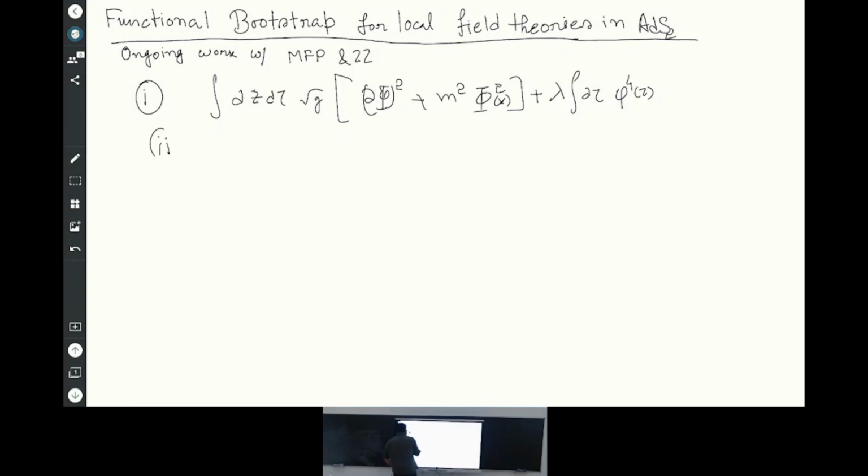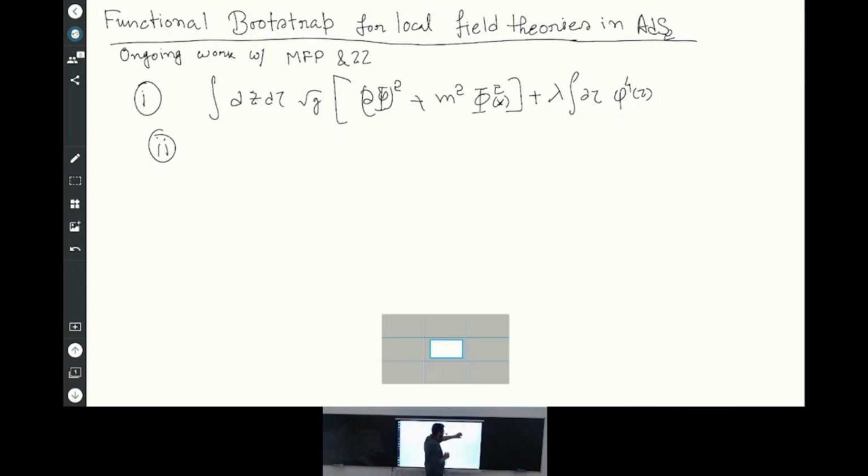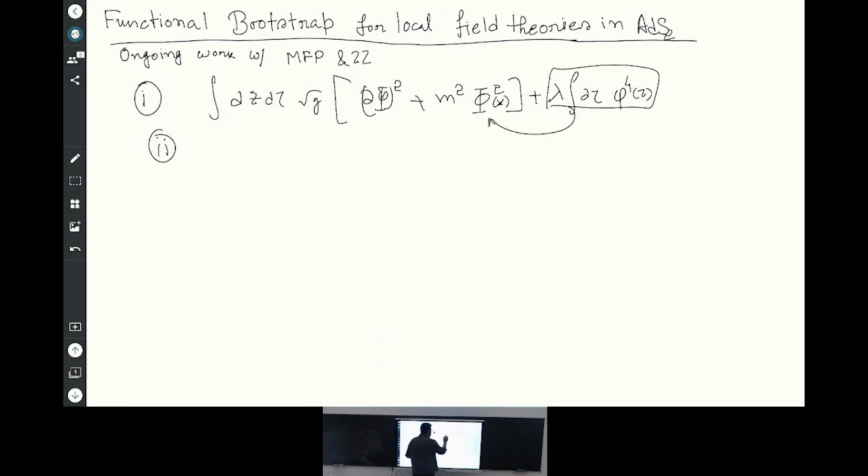One of the models is where you have the free theory in the bulk and some phi^4 interaction on the boundary. And the other model is basically the same action, but now the phi^4 interaction is in the bulk itself. Okay? So these are the two models that I want to talk about.